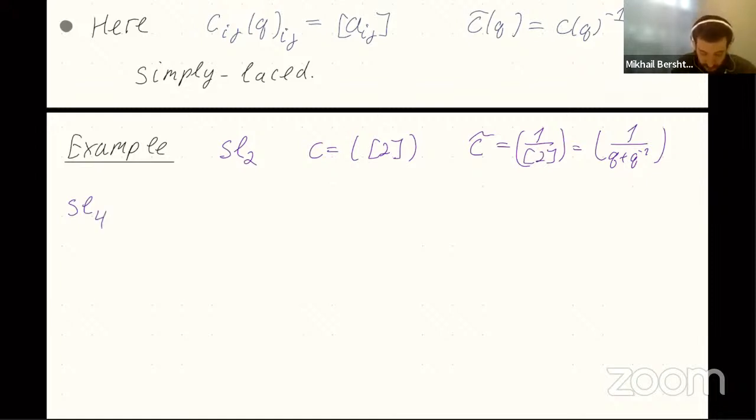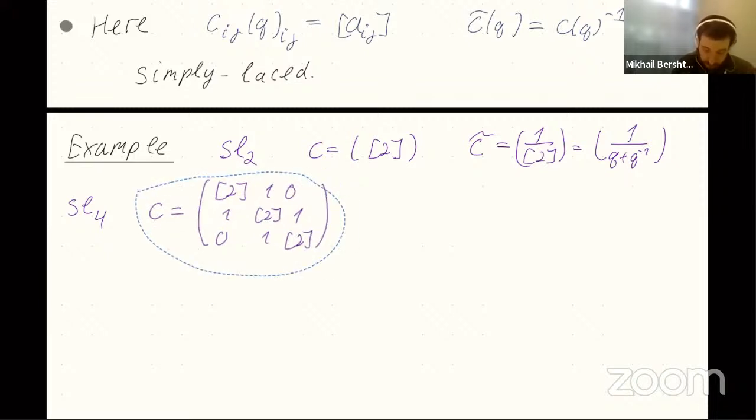In this case, C is the following matrix: 2, 1, 1, 2, 1, 1, 2. And C tilde, we have a common denominator, which is 1/4.